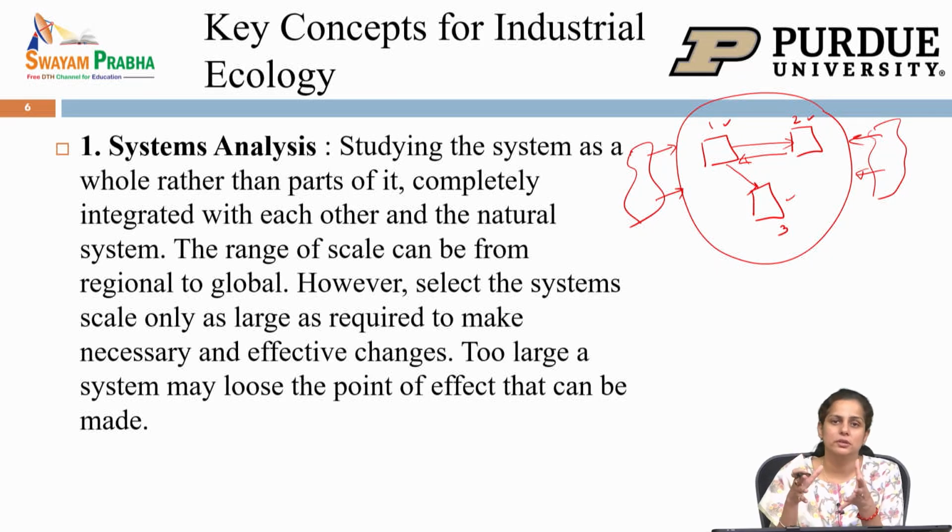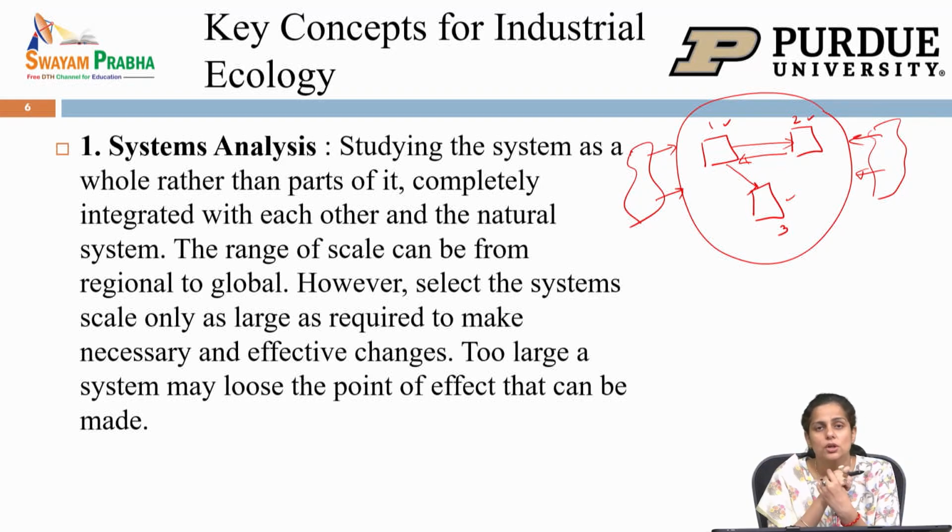We can think of a region, let us say some regional state and all the industries functioning in that, but it can also expand to the national scale, then from national to multinational and global. As you keep on expanding the scope of your study, it will become more and more complex. So, to keep it more tangible, we select the system scale only as required for the decision we are going to make.